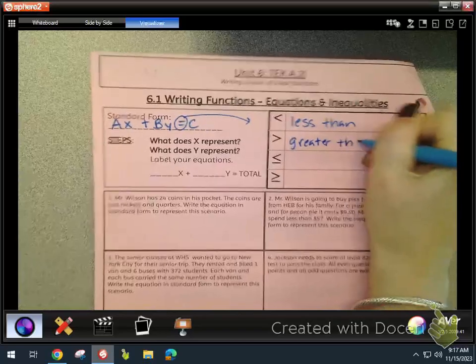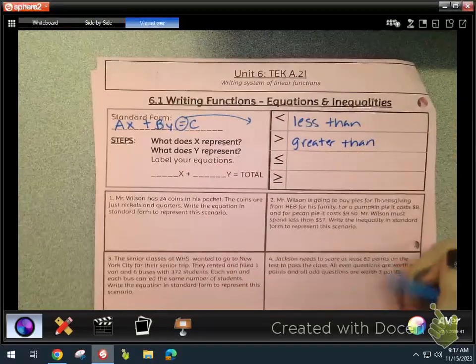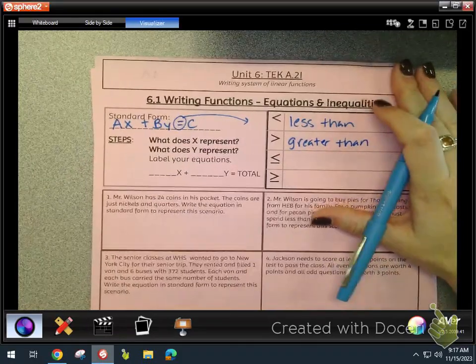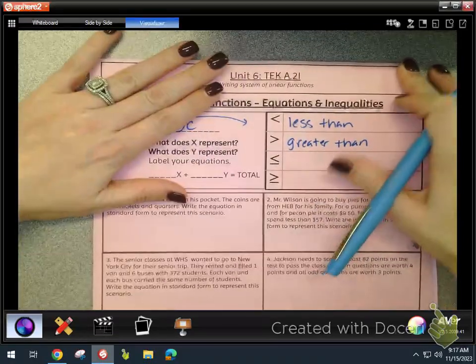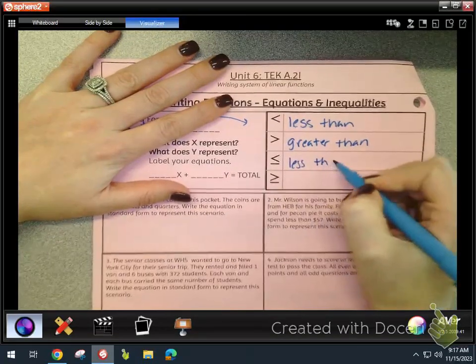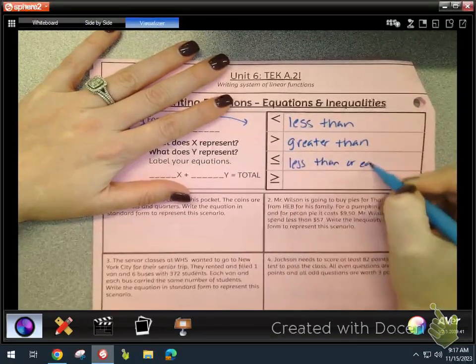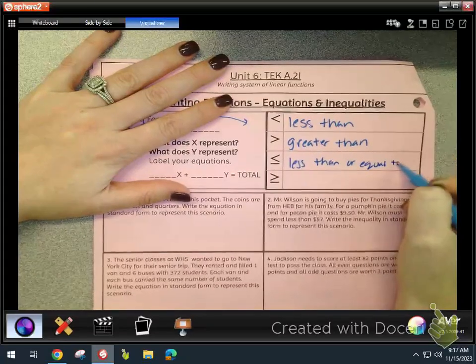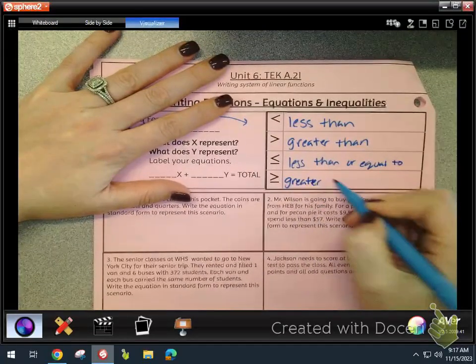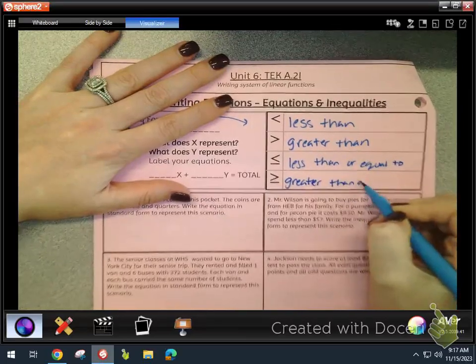We will graph these again next class with the shading and all that stuff, so that's not going away. What makes the next one different with the line under it? Less than or equal to. And the last one is greater than or equal to.